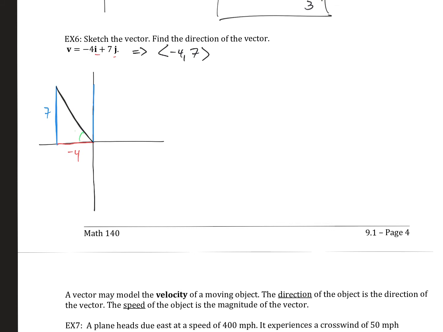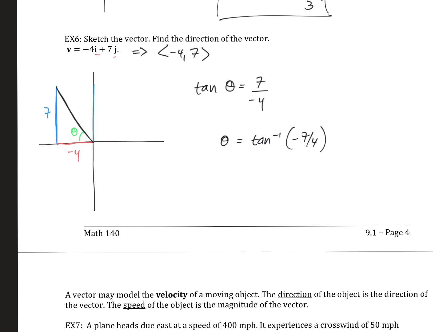Now we just have to find theta. Well, how do we find theta? Once again, we're going to use tangent. So tangent of theta is going to equal, well, opposite over hypotenuse. Sorry, opposite over adjacent. Which means we need to figure out, well, we don't know what that is on the unit circle. So we'll go ahead and use tangent inverse. So theta is going to equal tangent inverse of negative 7 over 4.